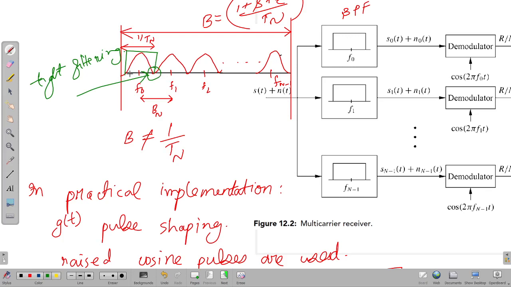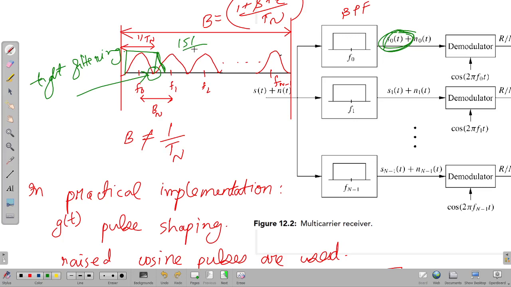You can see that if the transition is not sharp, if the transition slowly extends to a little more frequencies, then the other subcarrier also comes into this picture. The other subcarrier will try to interfere with this symbol, and as a result inter-symbol interference happens.